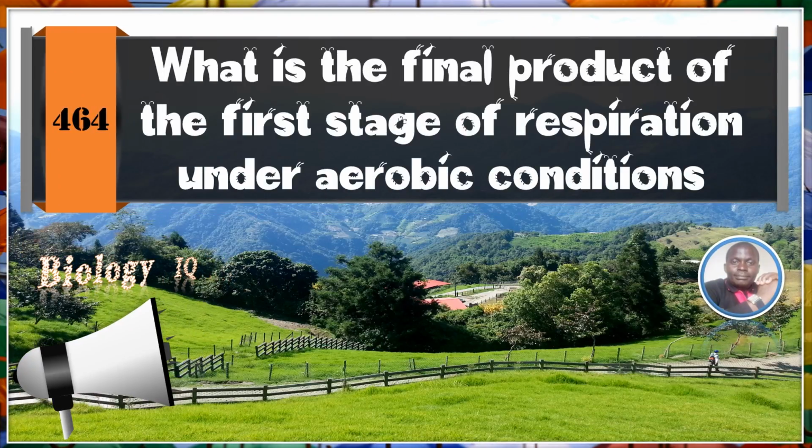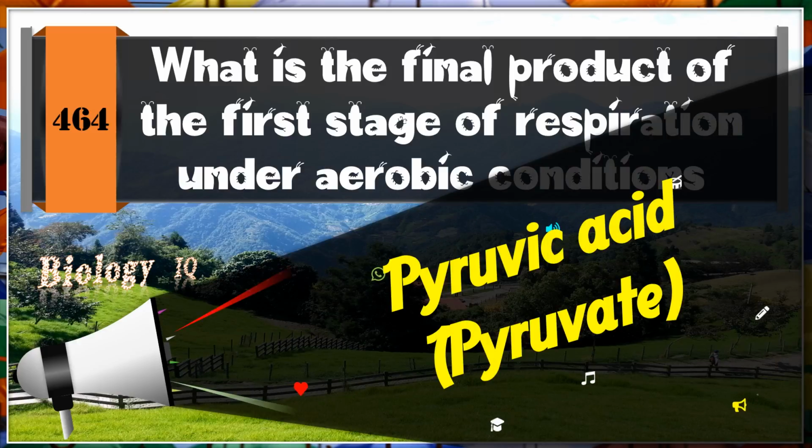What is the final product of the first stage of respiration under aerobic conditions? Pyruvic acid, or sometimes we call it pyruvate.